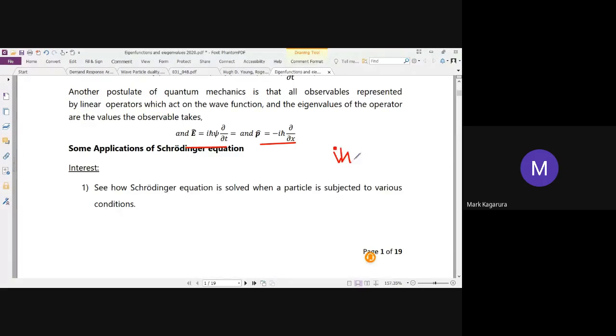Remember we said that you can have a constant operating on a function, but in this case you also have this x. So that function can operate on something.